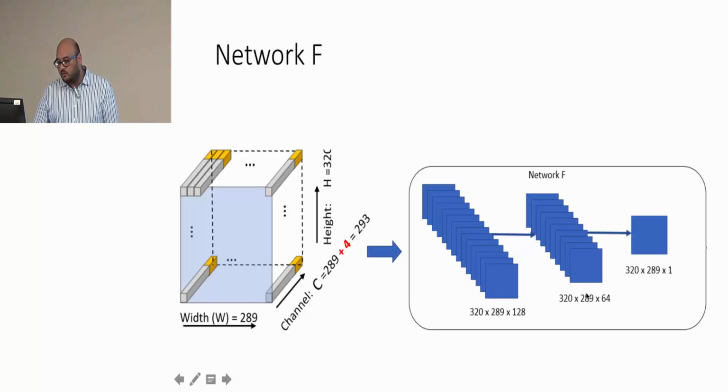Then we apply 64 convolutions, each with receptive area 1 by 1, to the same spatial dimensions 320 by 289 from the previous layer, and we get 64 activations. And then we once again apply one convolution kernel with receptive field 1 by 1 to this, and we get 320 by 289 by 1.